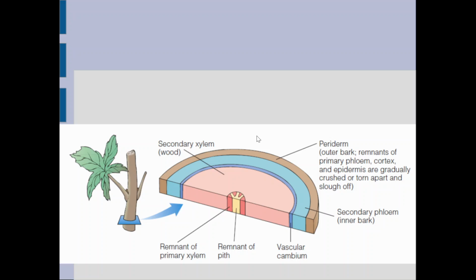So every daughter cell that is divided, one of the cells will become a secondary xylem or secondary phloem. Another cell will remain a cambium. So that is why the division is continuous.